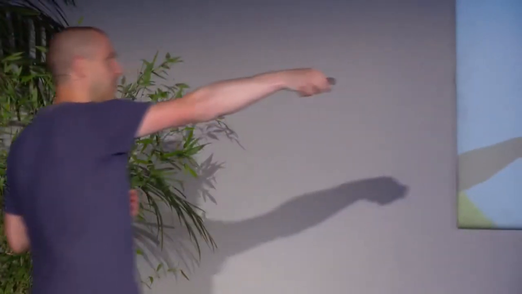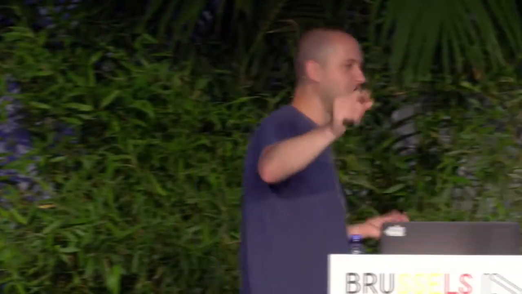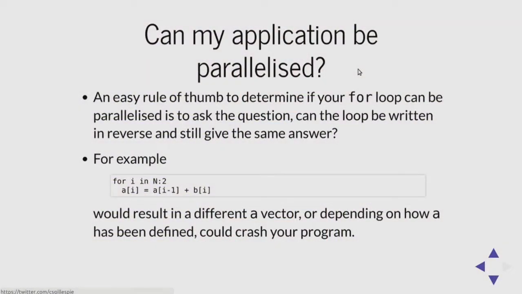So here's a little noddy example. The idea here is that A is a vector and B is a vector. Okay? So A and B are just vectors of numbers. And what happens here is that when we go from 2 to n and n to 2, we're going to get different answers. Right? So when i is n, when we're going backwards, we've got a[i-1], so that's a[n-1], and that equals a[n].